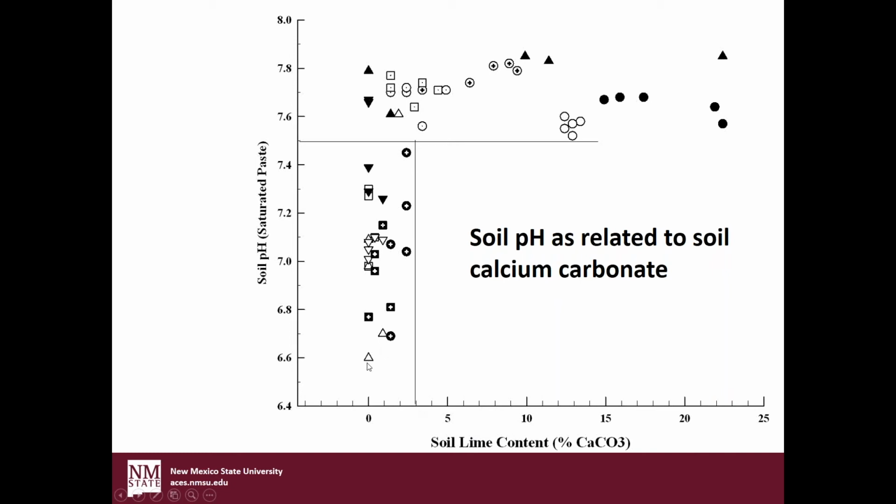We can see a large variation in soil pH when the calcium carbonate content is less than 3. But as we go higher than 3, from all the sites that were tested, we had a lot of readings above 7.5, all the way up to about 7.9 for the saturated paste.